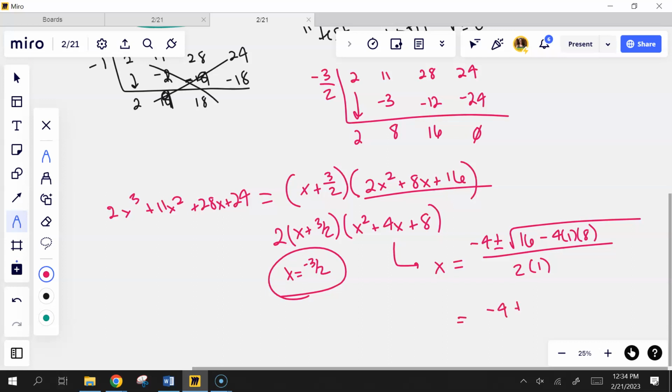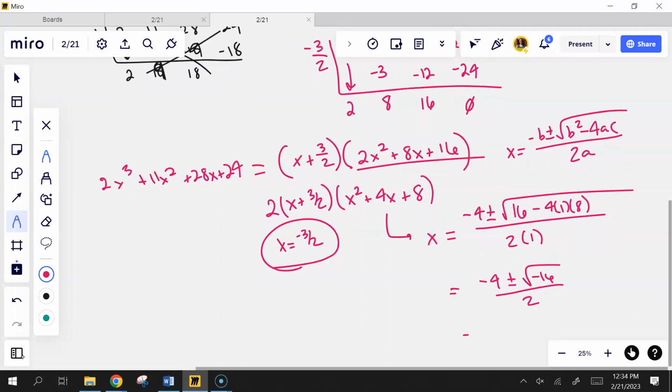Y'all song was good. That's right. So I get negative 4 plus or minus 4i over 2, and I can divide everybody by 2, so I get negative 2 plus or minus 2i.